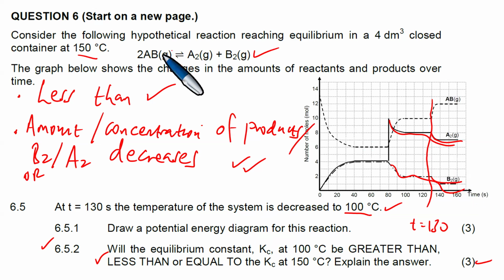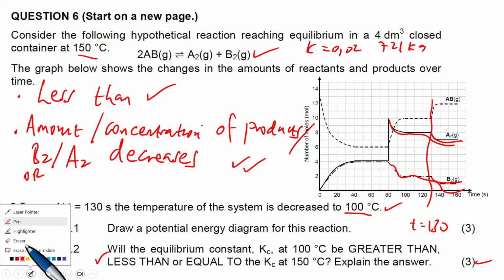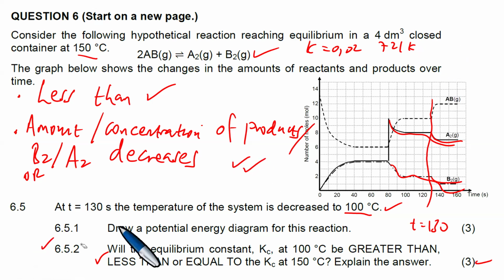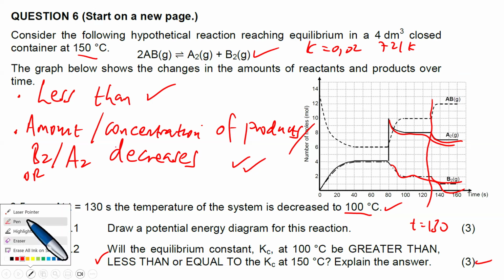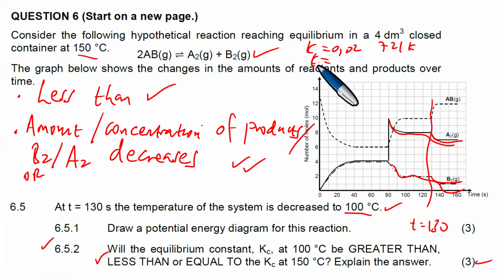So you really can see that, contrary to the initial example we did where the Kc was 0.02 at 721 Kelvin temperature, I just want to put this analogy here. Then the Kc became 0.09 at 850 Kelvin temperature.